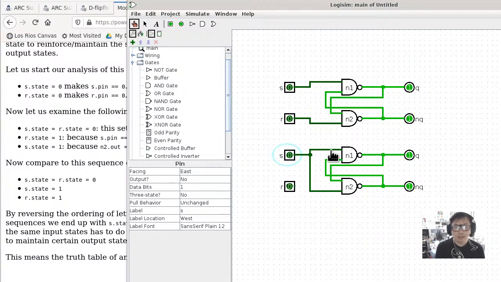Where this wire is a 0, this node is a 0, this node is also a 0. So there will be a very brief moment when they're all zeros, because it takes time for this node becoming a 0 before N1 responds to it so that its output becomes a 1.